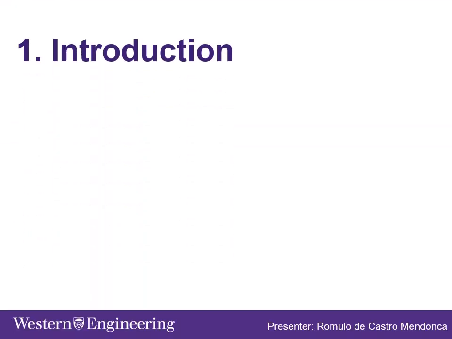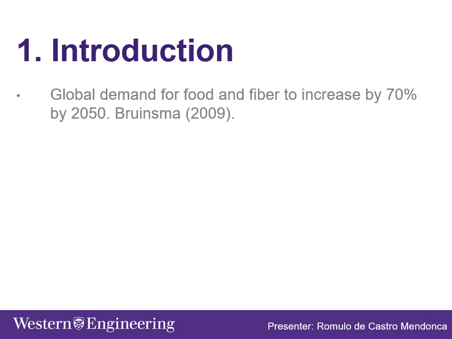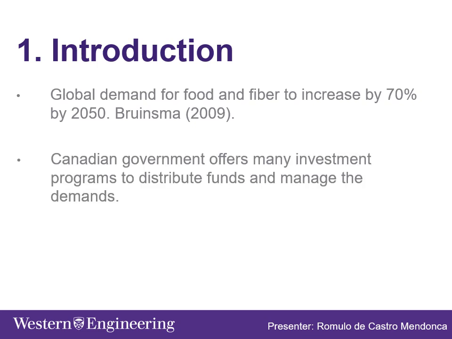According to Brisbane, by 2050, the world population is expected to grow by 40%, and the demand for food and fiber is expected to grow by 70%. The Canadian government offers many investment programs with the goal of distributing funds to support the agri-food industry.